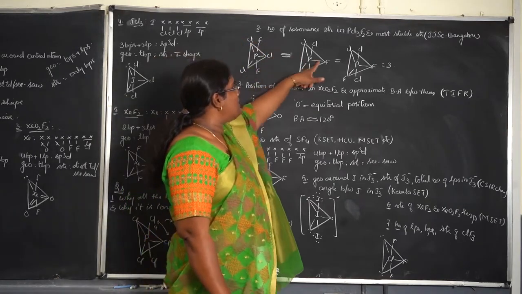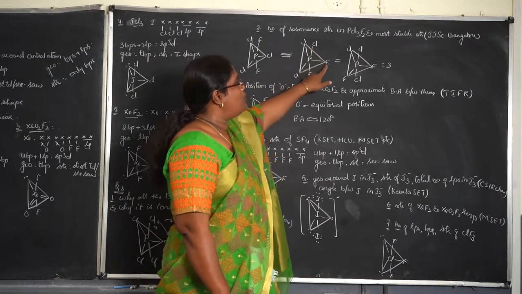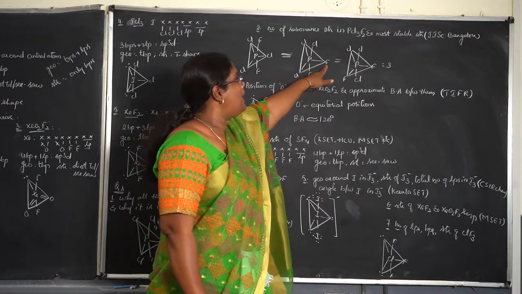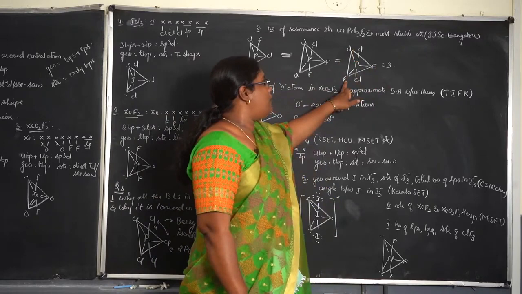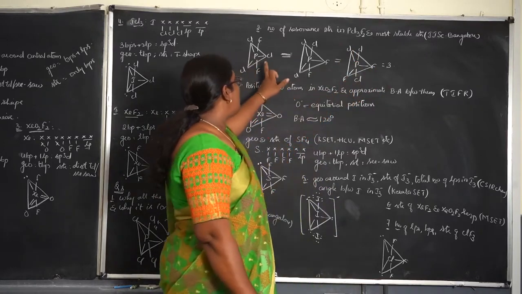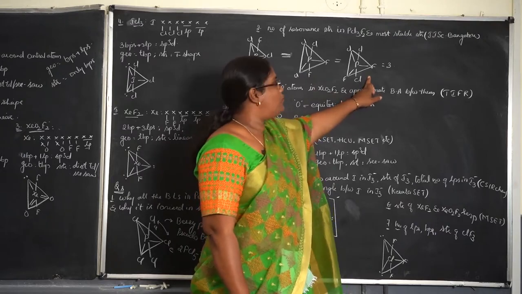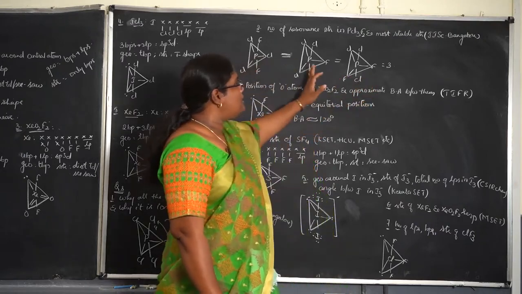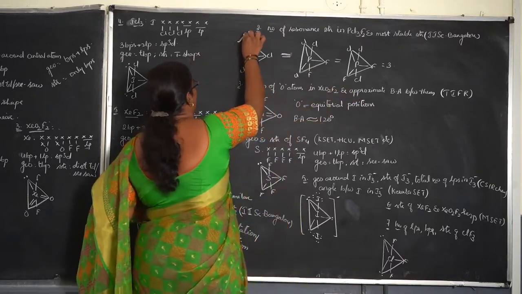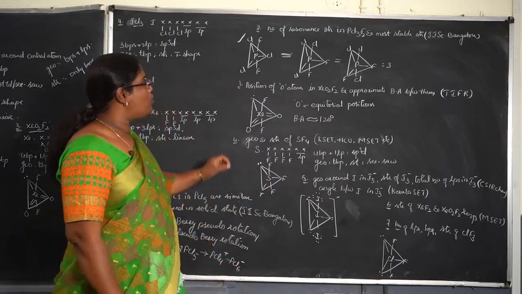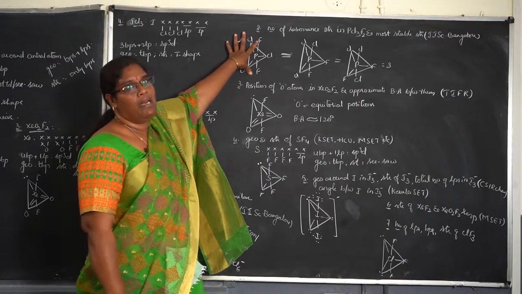In the second resonance structure, one of the apical fluorines is exchanged to the equatorial position, and in the third structure, both the fluorines have come to the equatorial position. So these are the three resonance structures possible for PCl3F2. And among these three, which is the most stable structure? Obviously, it is the one with both fluorines apical, because Bent's rule says that more electronegative atoms must be in the apical positions.